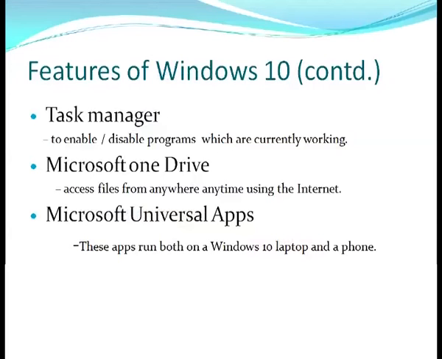It has OneDrive. This particular feature helps us to access files from anywhere and anytime using the internet. It is basically a virtual storage device. And we also have Microsoft Universal Apps. These apps run on both laptop and phone which are using the Windows 10 operating system.